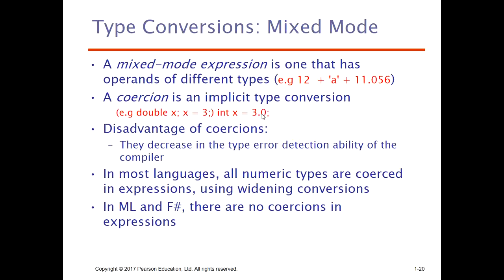In fact it does not, because the compiler implicitly converts that value to the data type specified during declaration. In most languages, all numeric types are coerced in expressions using widening conversion. That means the data type will more likely be converted to a value that is the same or more than the original value, rather than narrowing conversion.